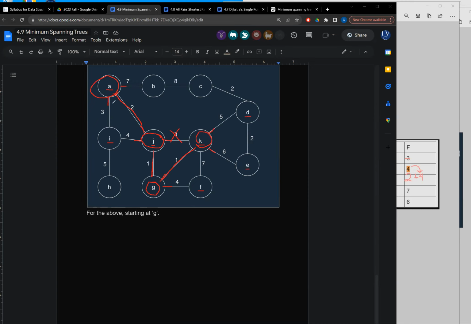A has 2 edges that we haven't already processed. Potentially go to B. B was not already known about, so there's nothing to consider there. Now we have an option, 2 ways of adding I. Should we keep the edge AI or should we keep the edge IJ? Should we keep the edge that costs 3 or should we keep the edge that costs 4?